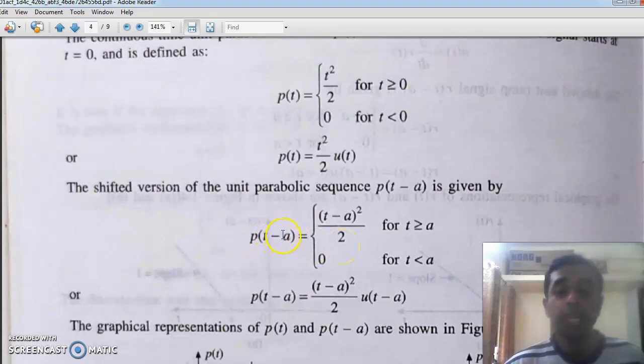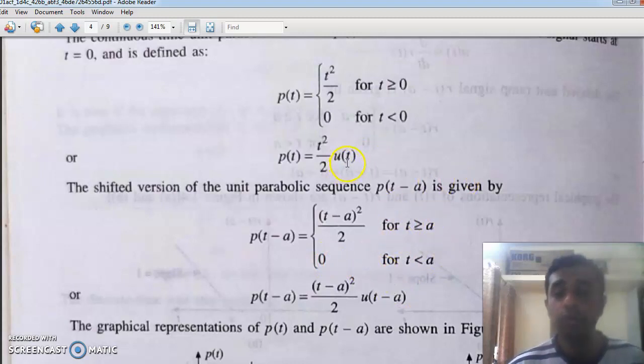The sequence starts at the point where the argument is equal to 0. The argument is t minus a, and equating it to 0 gives t equal to a. This is the point where the sequence starts. For t greater than or equal to a, this value exists; for t less than a, the value is 0. So how can you ensure this portion?